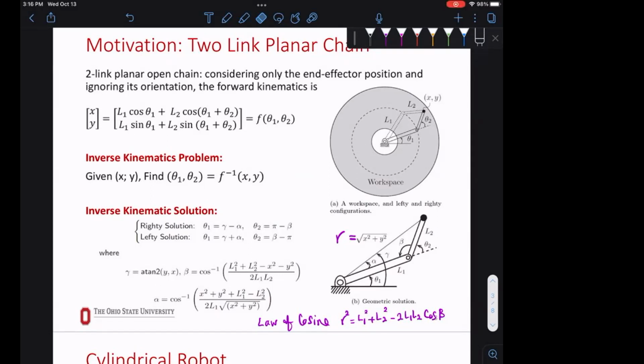If you find beta and alpha, you can find θ2, right? Then you can also find θ1. If you know what gamma is, and you have alpha, then gamma minus alpha is θ1. For the inverse kinematic problem, we need to find solutions for joint variables, right? We're always trying to find joint variables as a function of whatever we know in the system. So we will write an expression to solve that.